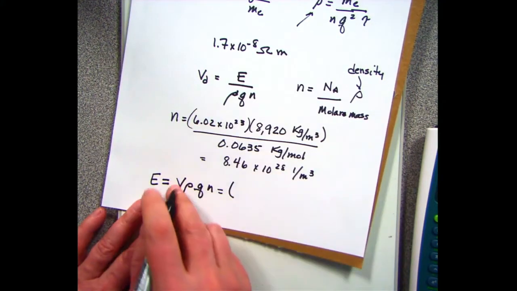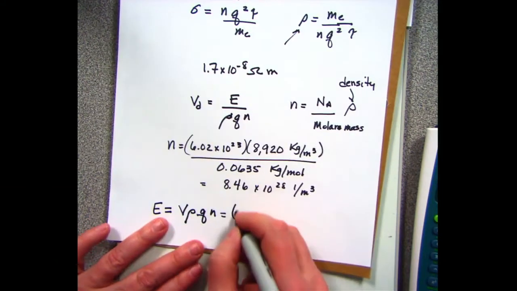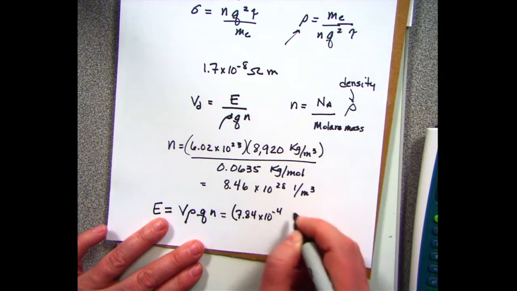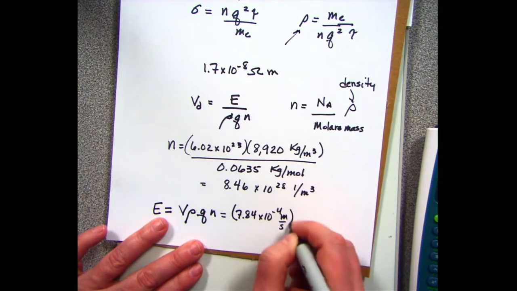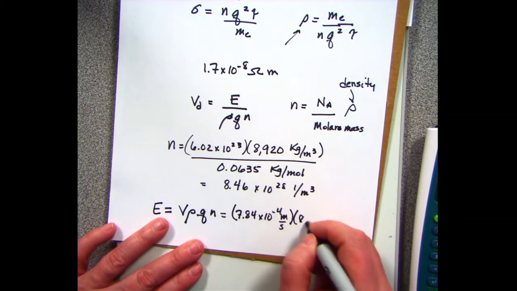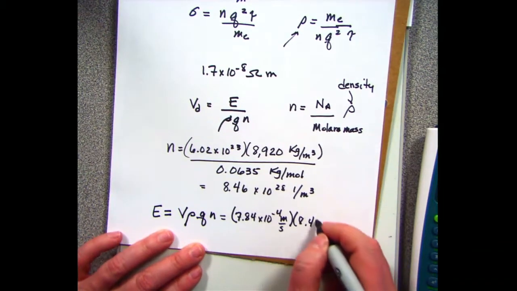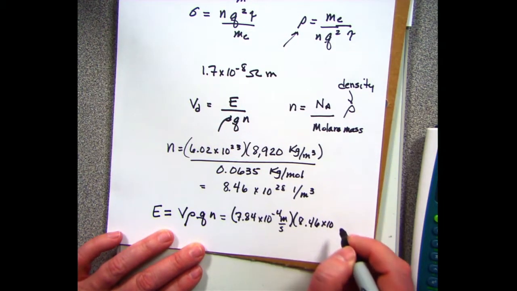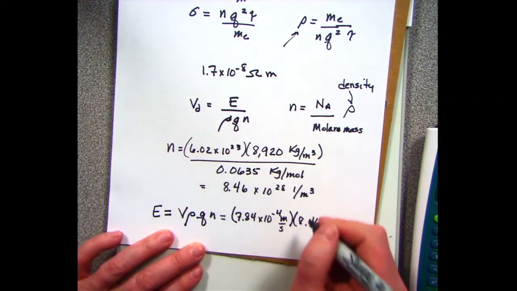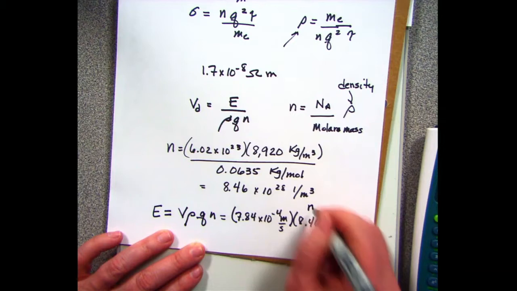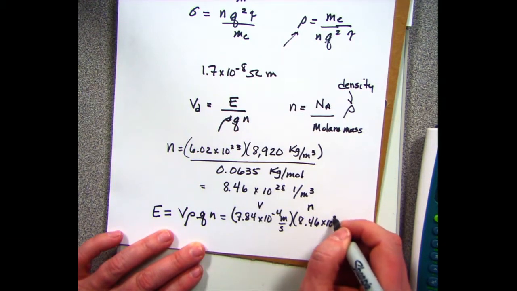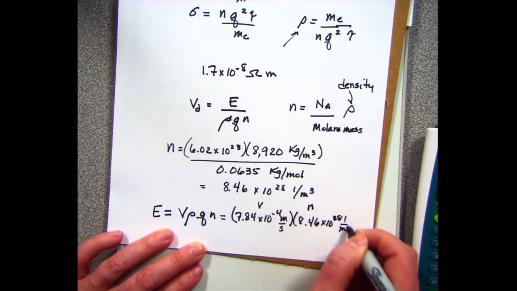N is 8.46 times 10 to the 28, 1 over meters cubed, times 1.6 times 10 to the minus 19 coulombs. This is charge. And it's 7.84.